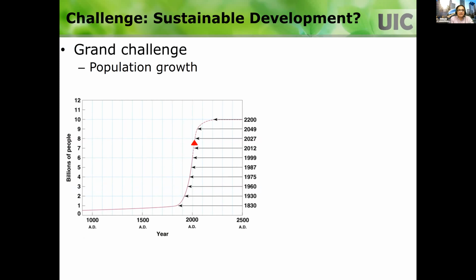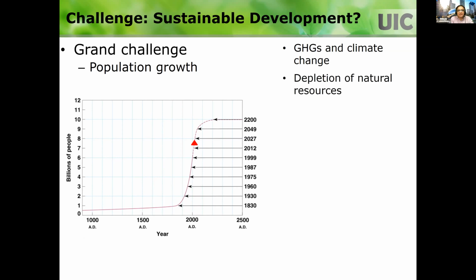Some other estimates show even much more than what I'm showing here. Now, what is the problem? The problem is that the greenhouse gases I mentioned are really correlated to population. The population is more, greenhouse gases are more. And as a result, we're going to have these extreme climate impacts.